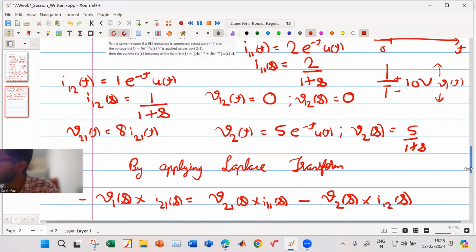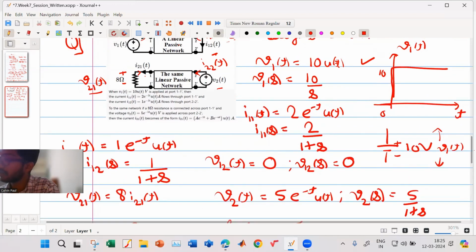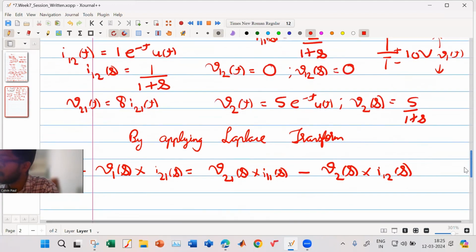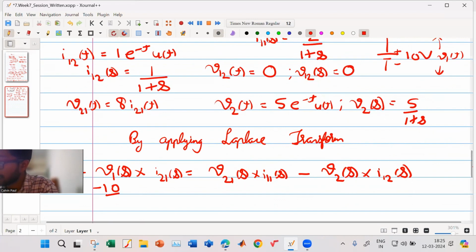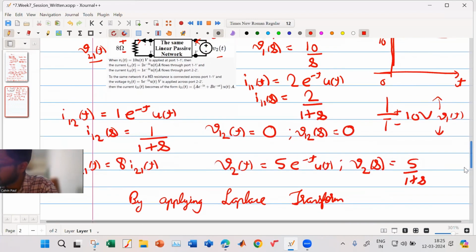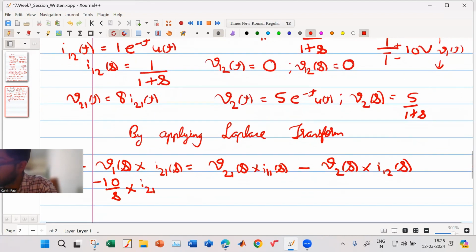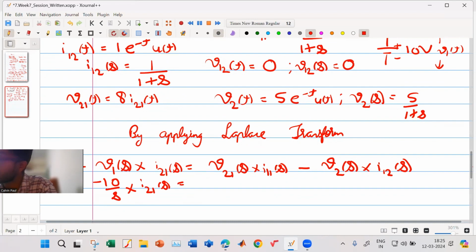Okay, so now we'll substitute. What is V1 of S? V1 of S is 10 by S, so this is minus 10 by S. What is I21 of S? We have to find I21 of S. What is V21 of S?